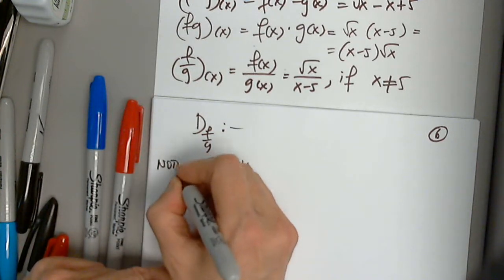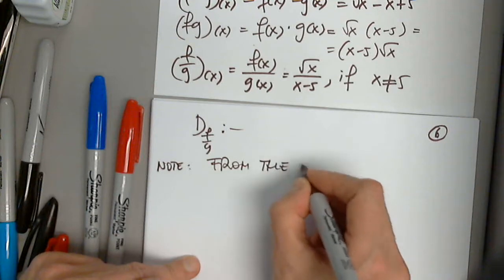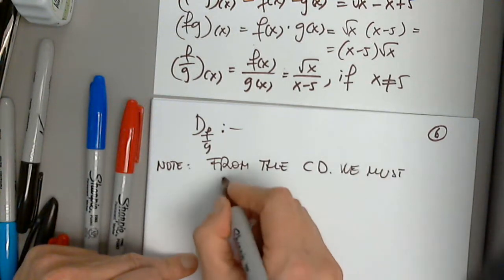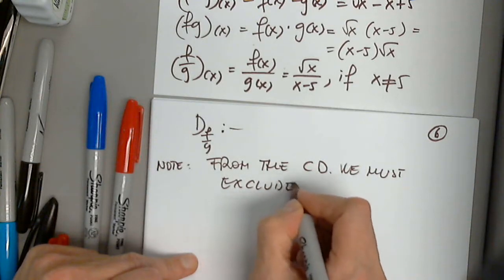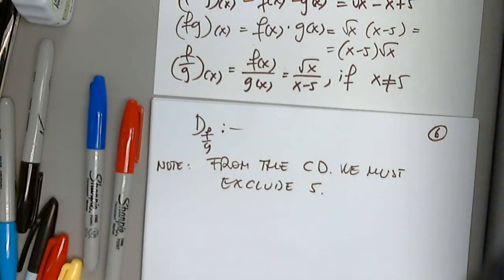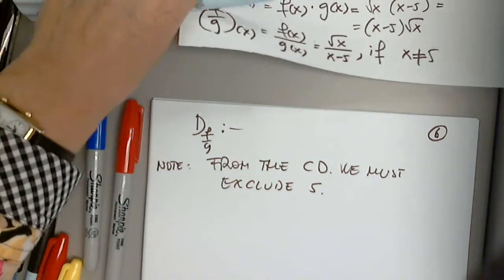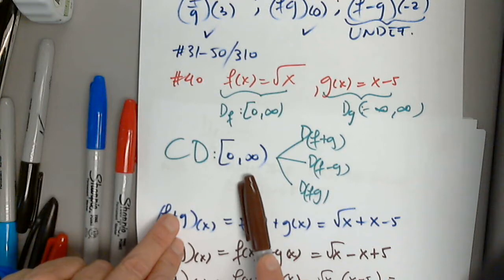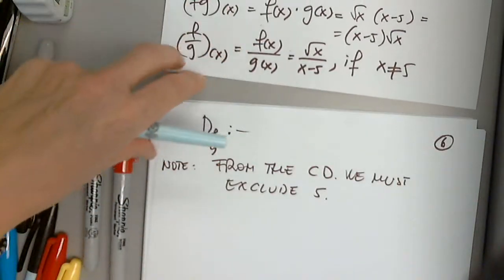From the common domain, we must exclude 5. Why? Because we have those functions that have to have common domain. We cannot create this if they're not defined on the common domain. From the common domain, we have to exclude 5.